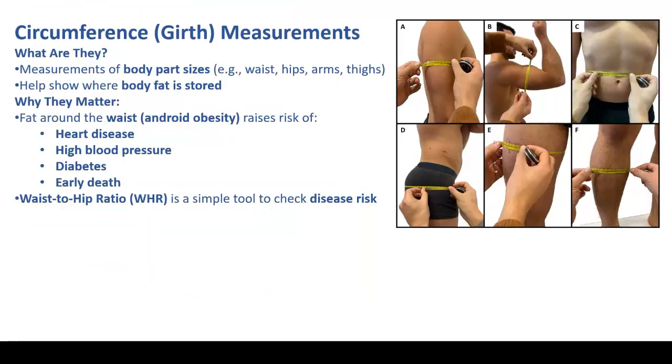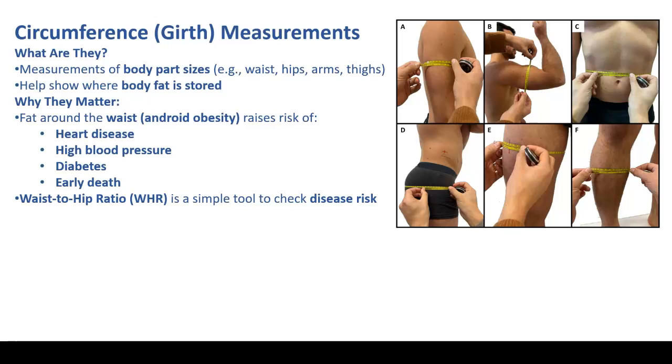Here we can observe circumference or girth measurements. These are measurements of how big certain parts of your body are, like waist, hips, and arms. They help us see where fat is stored on the body.